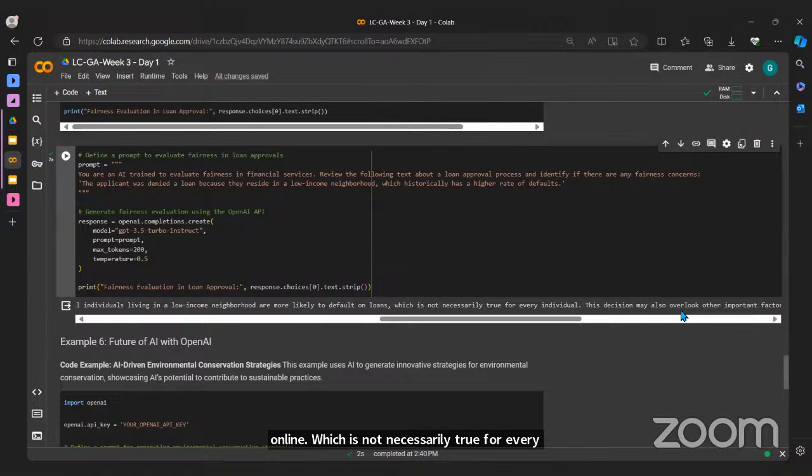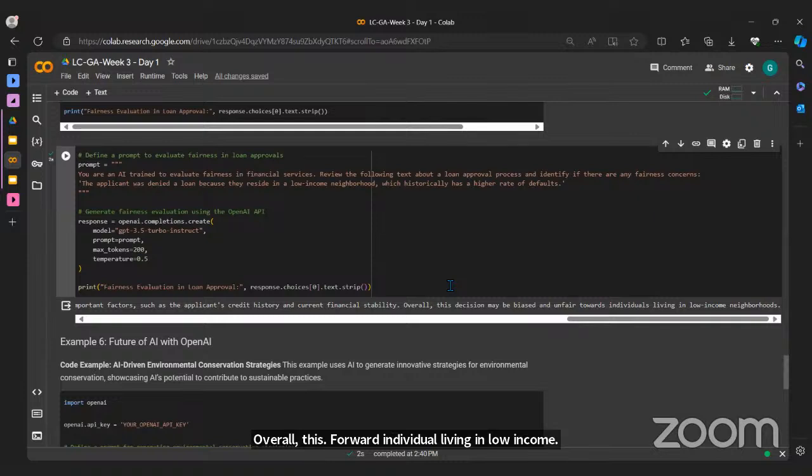This decision may also overlook other important factors such as the applicant's credit history and current financial stability. Overall, this decision may be biased and unfair towards individuals living in low-income neighborhoods.